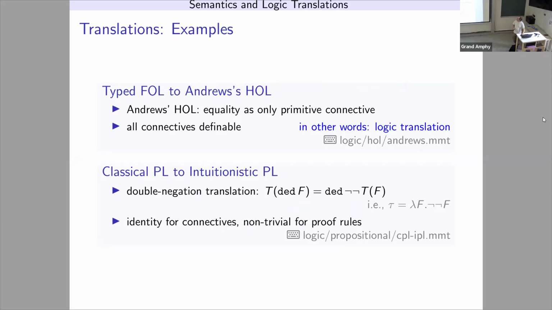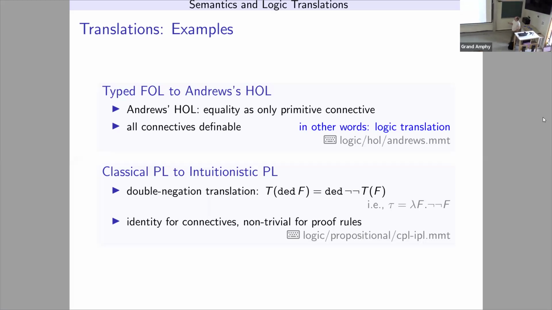I've shown you examples of translations. One I haven't shown is the one from typed first order logic to higher order logic. There we take higher order logic in the style of Peter Andrews, which means equality is the only primitive connective. So basically we're starting just with typed terms and equality, very close to lambda calculus.